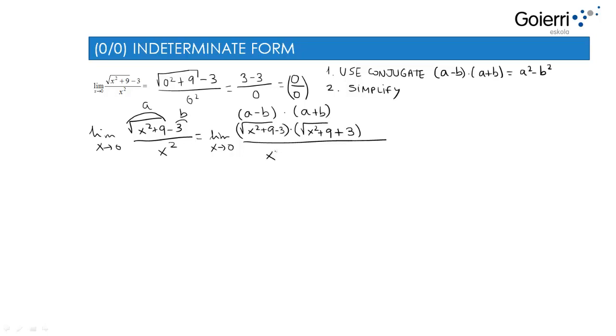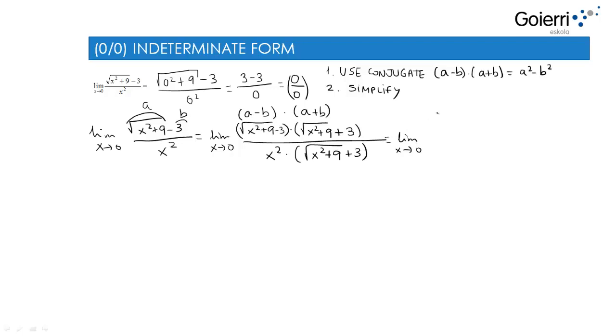Okay, and on the bottom I have x squared, and have a look at this. When you have a fraction, and if you add a new term in the top, you have to add the same term in the bottom, so you have to copy this new term in the bottom as well.